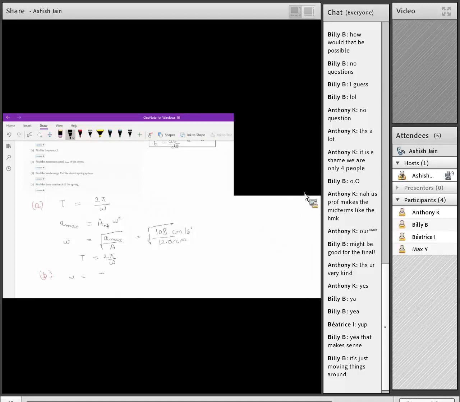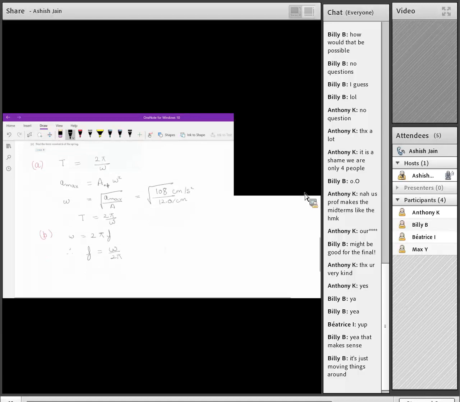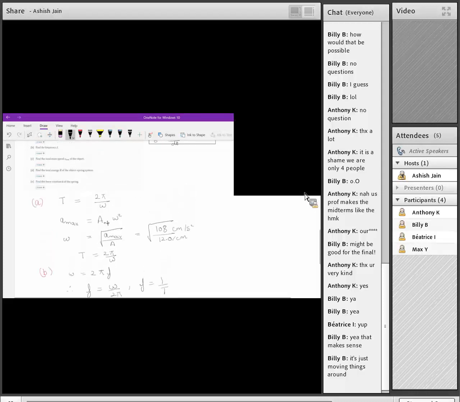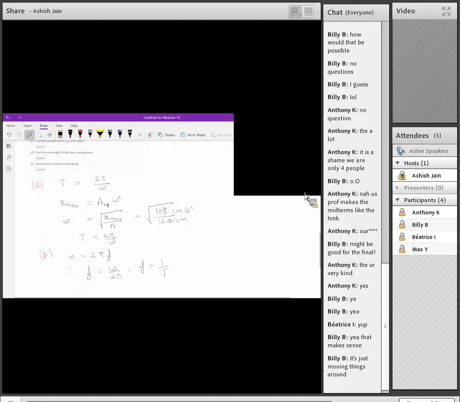Omega you write as 2 pi f, right? Therefore, f is omega by 2 pi, or you can find f directly by 1 by T. Okay, find the maximum speed of the object.